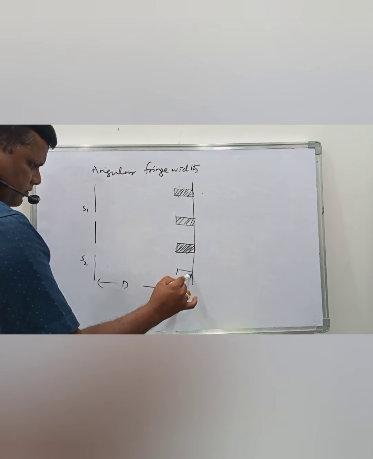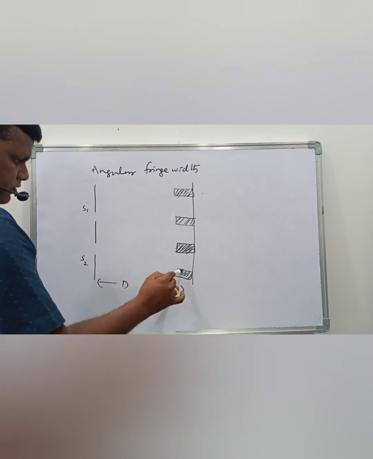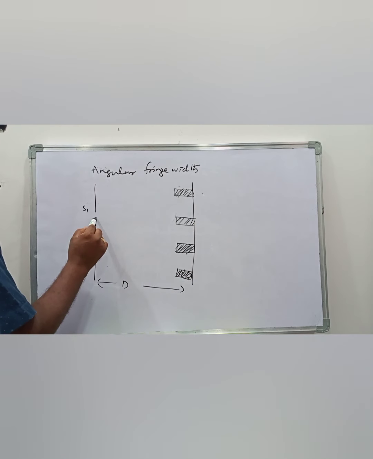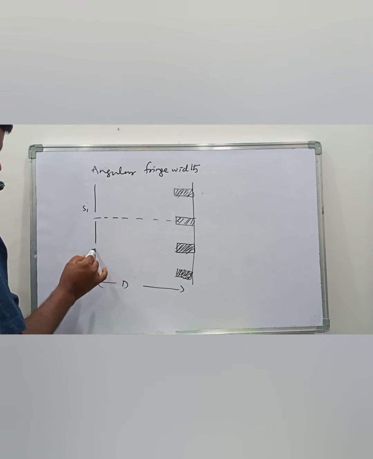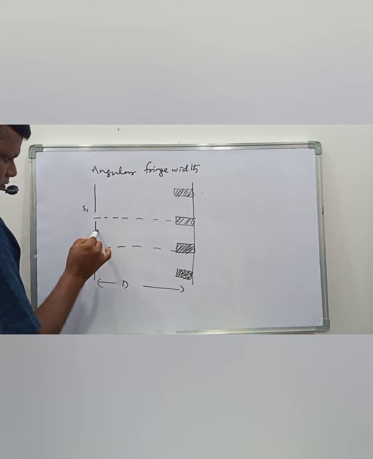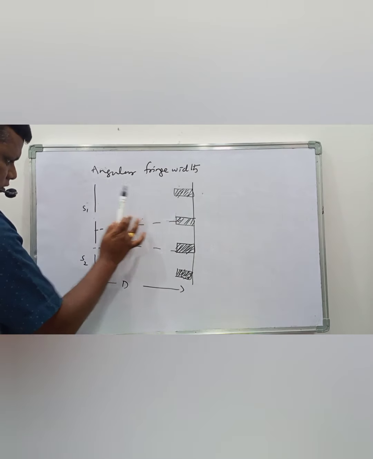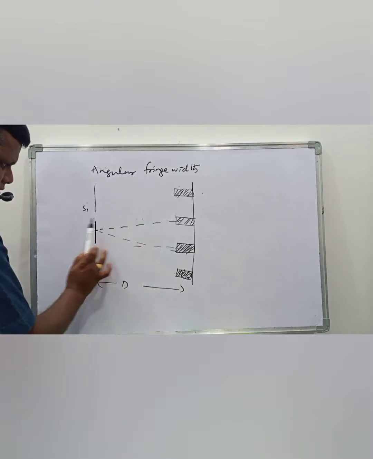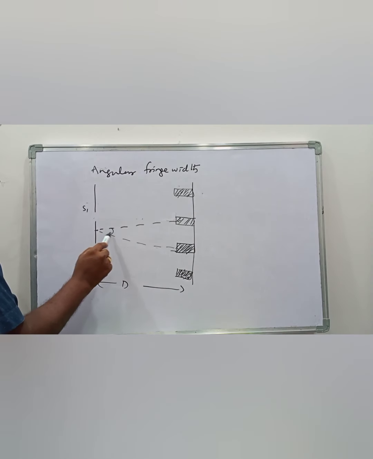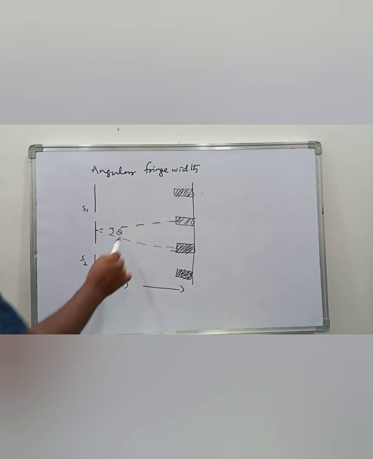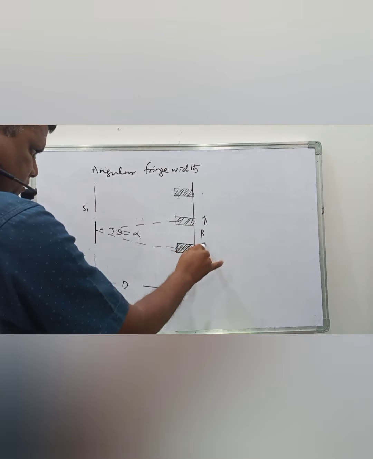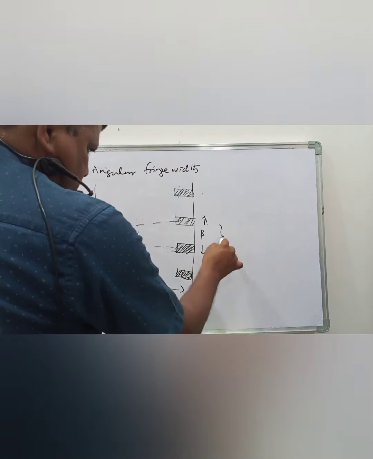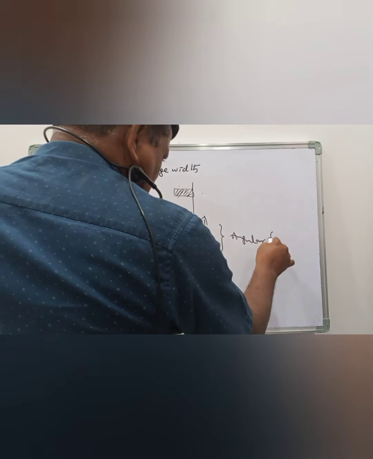Between these two bands, the angle made by the interference of light, say this is the angular fringe width between the two waves, that is theta, or you can also call it alpha. So this is beta, the distance between the two fringes. So this is called angular fringe width.